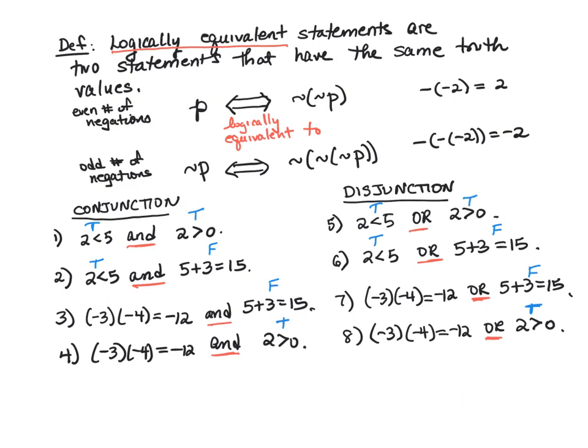And -3 times -4 is -12. That's false. So I made these alike deliberately just to show you the difference between the final truth values, and then we'll summarize them in a truth table on the next page.